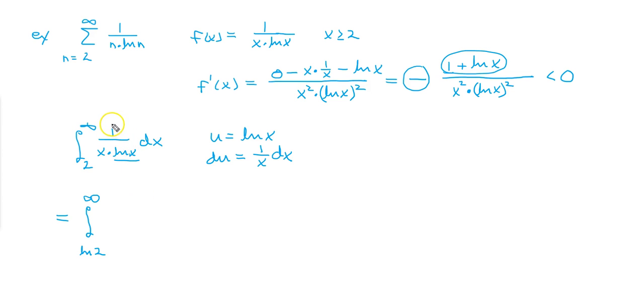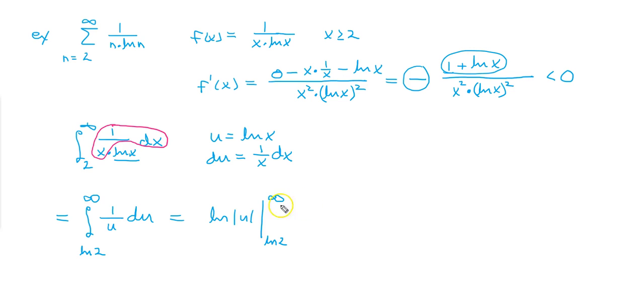Now, the 1 over x dx is going to become du, and then I have 1 over u here. And so this is equal to the natural log of the absolute value of u evaluated from the natural log of 2 to infinity.